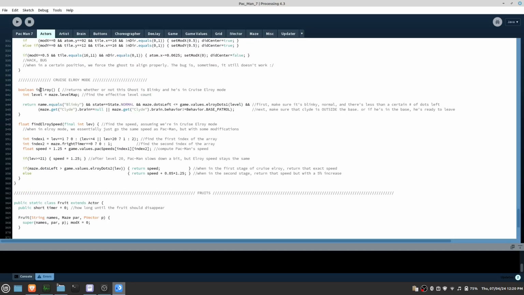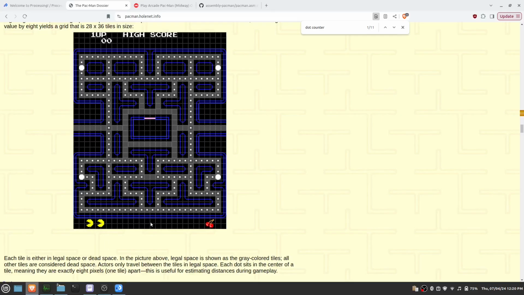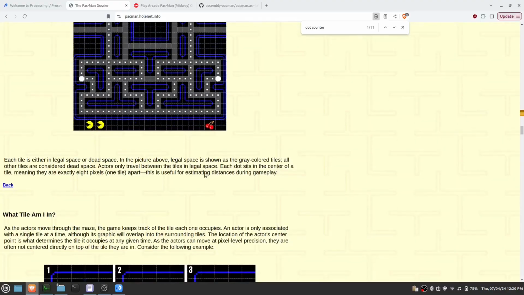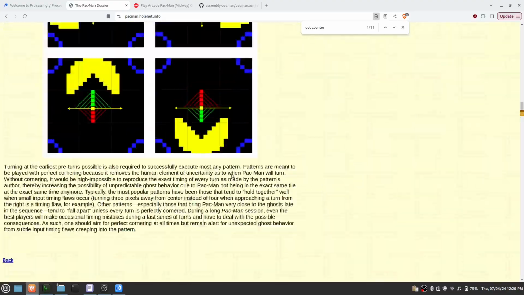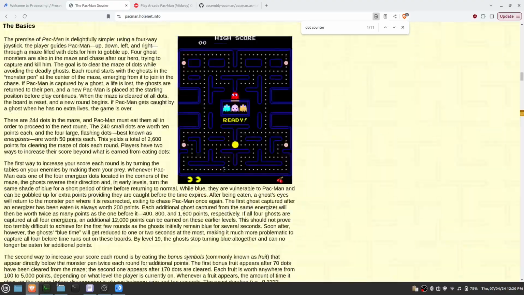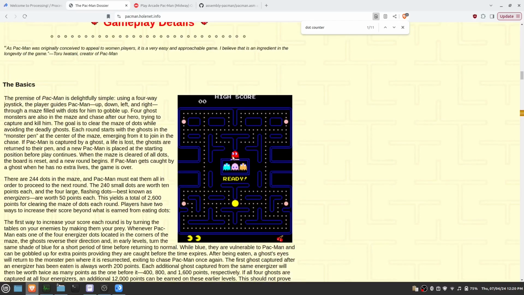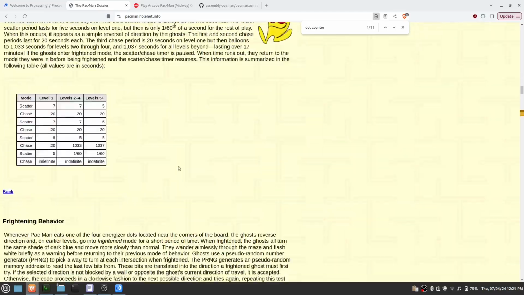Let's see, Elroy mode. There's this thing towards the end of each level where Blinky will turn into what the fans call Cruise Elroy mode. Blinky, being the red ghost, first of all speeds up, and second of all, if he's told to stop chasing Pac-Man, he will ignore that and continue chasing Pac-Man.